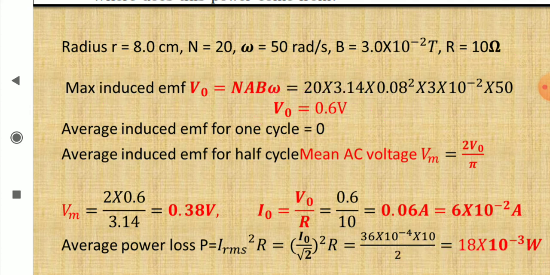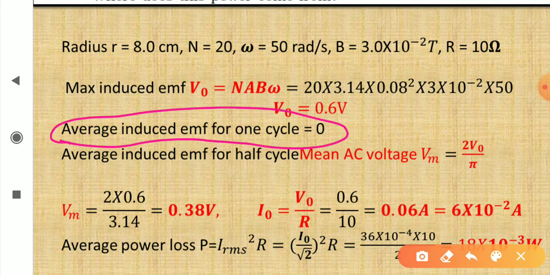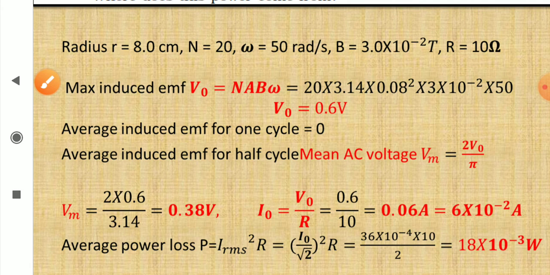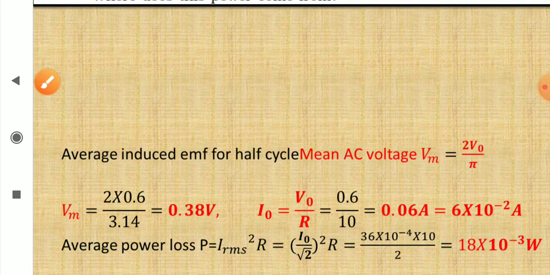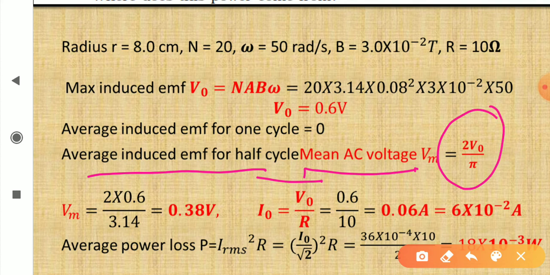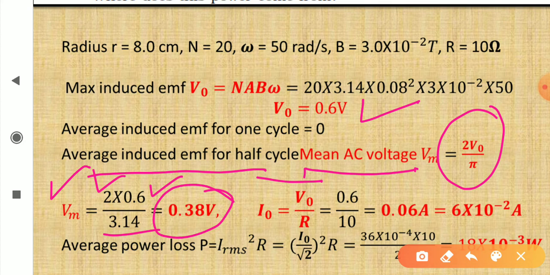Now the average induced EMF in one cycle is 0. See, for one cycle, for positive half and negative half, if you take average, it is going to be 0. So the average induced EMF for half cycle, that is mean AC voltage, is 2V0 upon pi, and this 2V0 is 2 into 0.6. From here, put the value of pi, it is 0.38 volt.